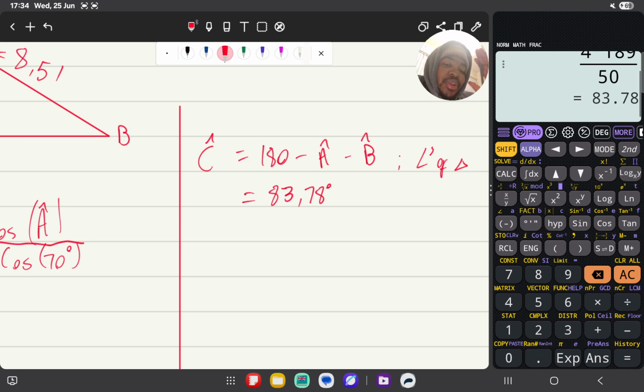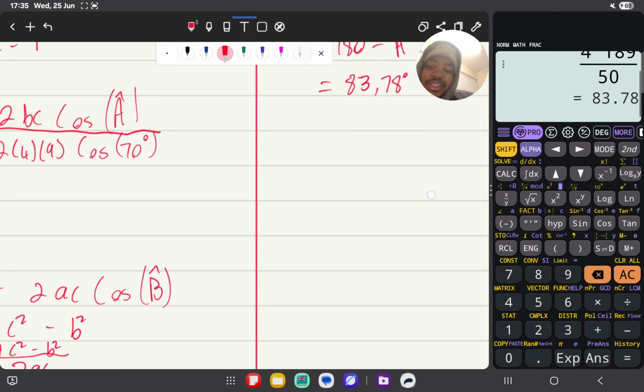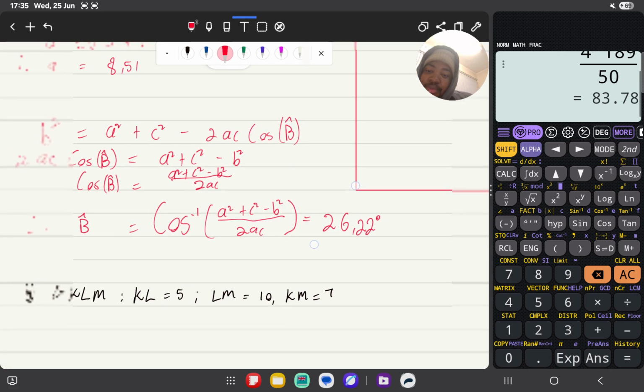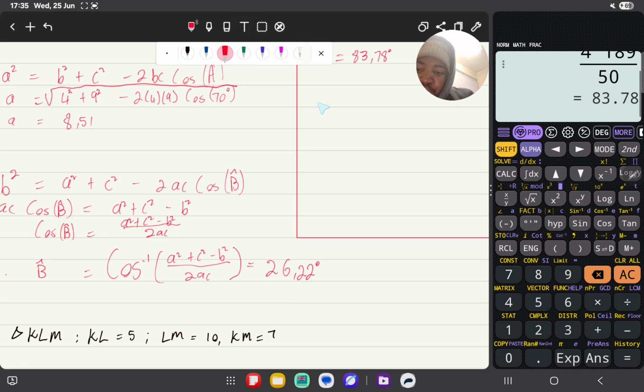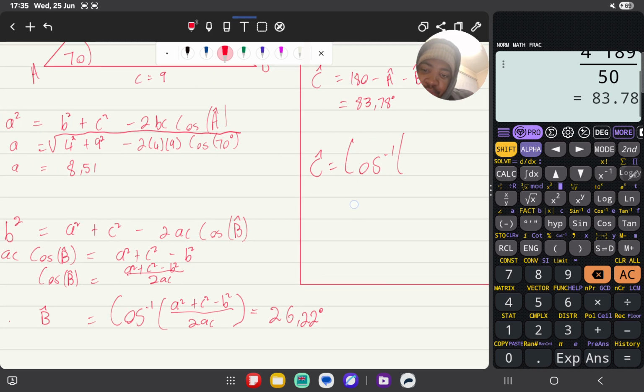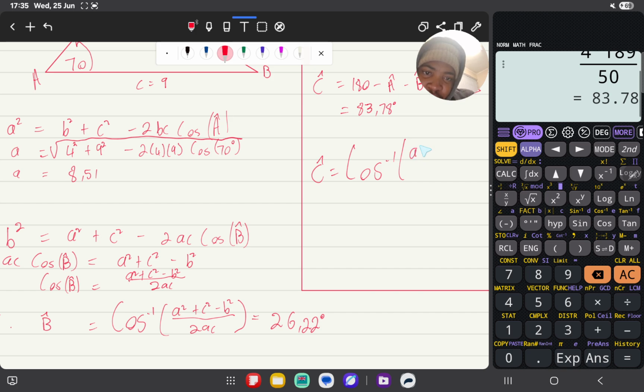We are done with this, but let's do something that's really going to satisfy us, right? We can copy this exactly from here. We can copy it exactly as it is and say, therefore if we use C, angle C equals cos minus 1 of A squared plus B squared minus C squared divided by 2AB, right?